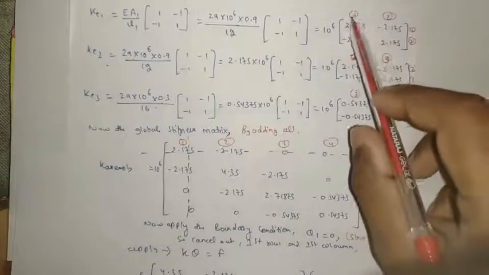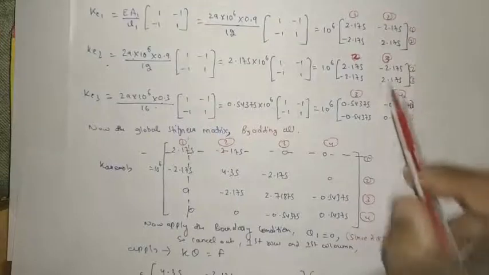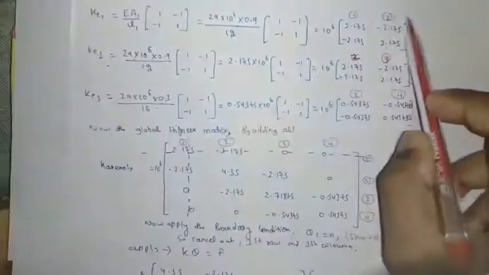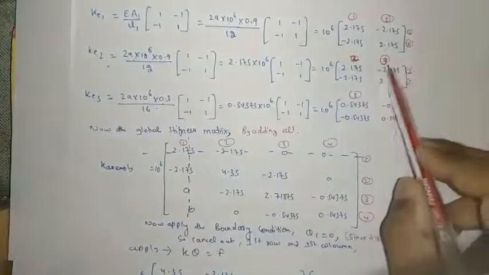Or there is another method: mark the nodes 1 2, 2 3, and 3 4. Each element has a first node and a second node. For the first element it is 1 2, and the entries repeat as 1 2. For the second element we have nodes 2 and 3, so 2 3 and again 2 3.